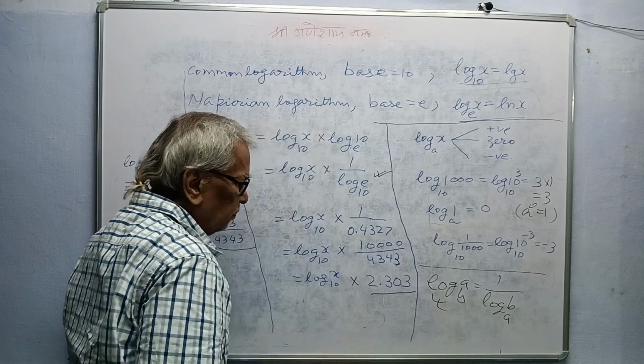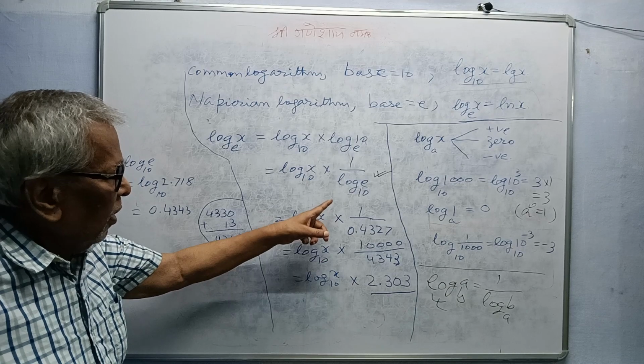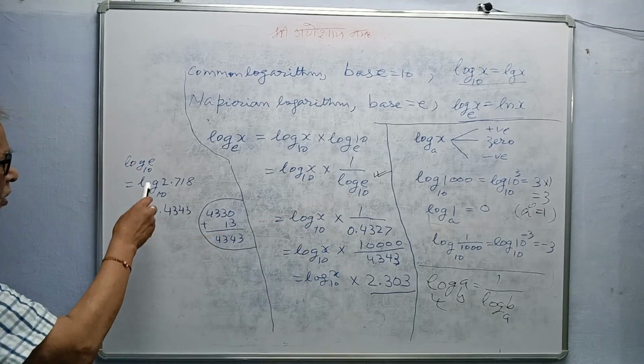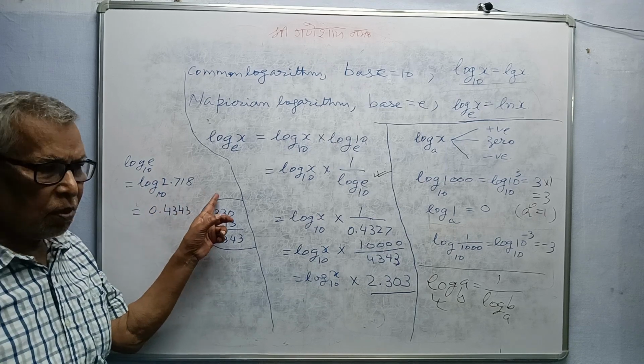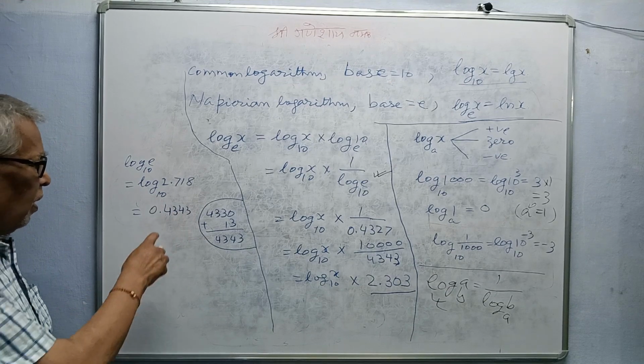Now log e to the base 10, the value of e is 2.718, to the base 10.